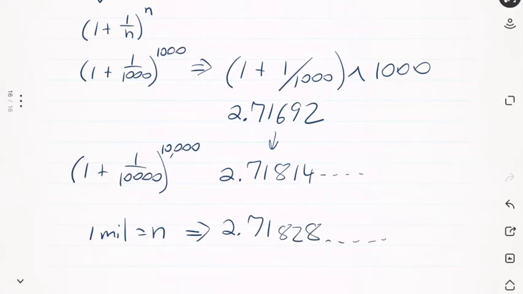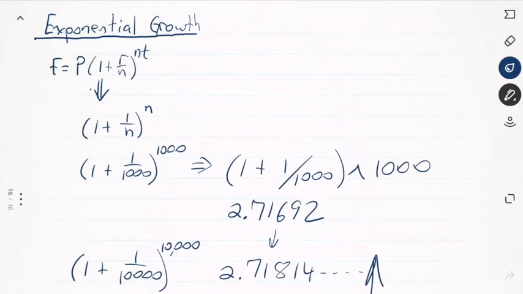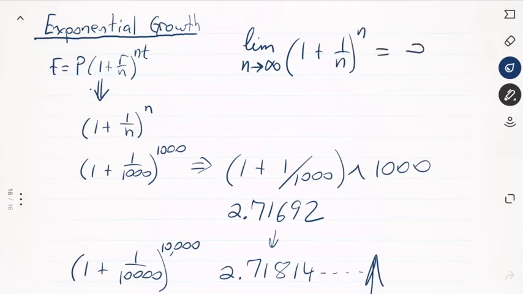So this number that we're approaching is known as the natural number. So let's go back up to the top and define it. So there's this fancy little notation. And what it turns into is this number called E, which is really close to 2.71828.